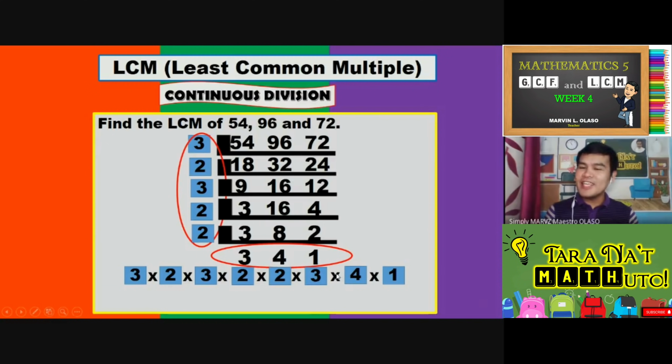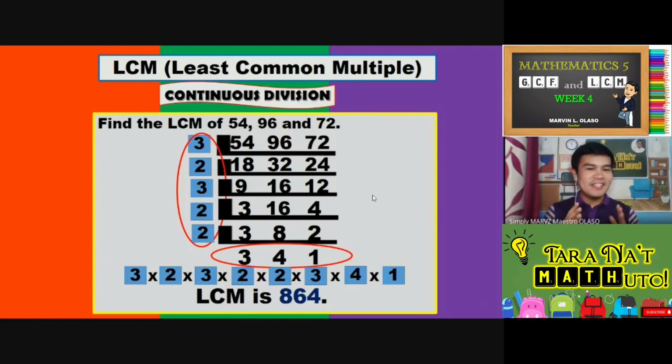72 times 3, we have 216. And 216 times 4, we have 864. Did you get it? Hopefully, no? Di na natin minultiply sa 1 because 864 times 1 still 864. 864 is the LCM of 54, 96, and 72.